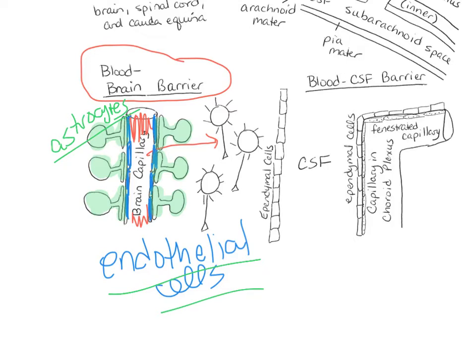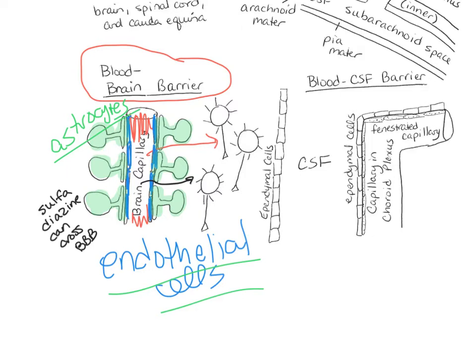Like tetracycline can't go through that blood-brain barrier, right? There is a drug, an antibiotic, sulfadiazine, that can cross it, but otherwise, you know, we have to have like a lipid antibiotic to get through that blood-brain barrier, because those endothelial cells that surround that blood vessel have phospholipid bilayer, right?